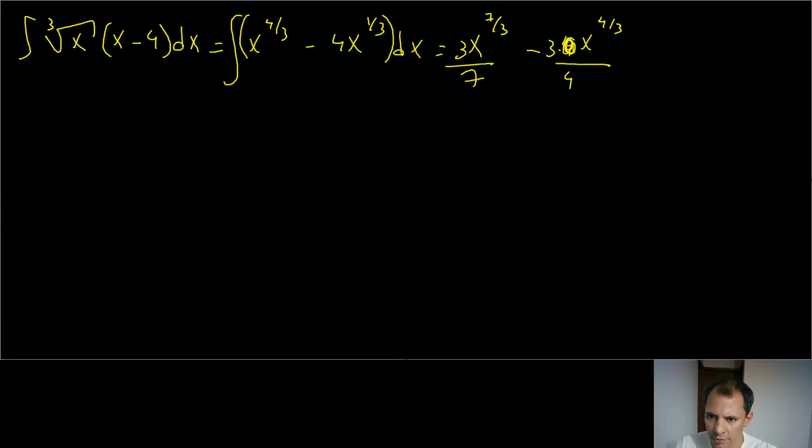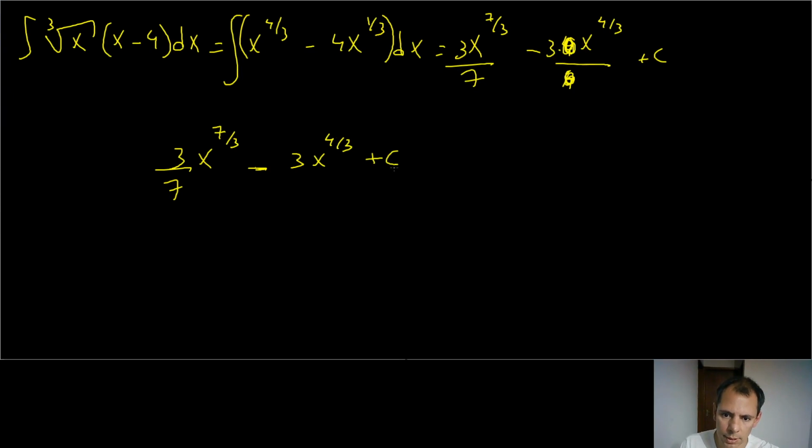So you simplify this stuff in here, and in the end you're going to have plus c. So you have 3/7 times x to the 7/3 minus 3x to the 4/3 plus c. Yeah, that's it.